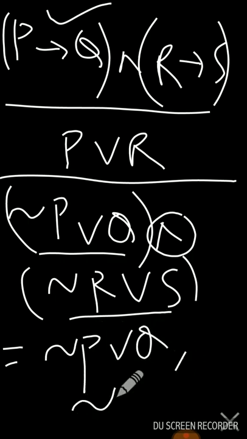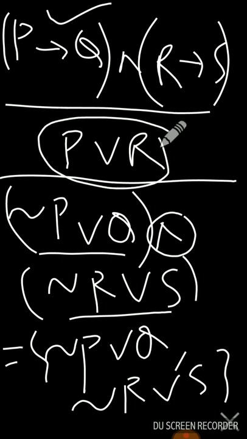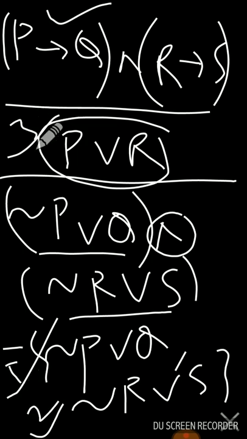And the second one is this one. Here we don't have to change anything because it's already a disjunction of P and R. So we just write it down. So we have three clausal forms: 1, 2, and 3.